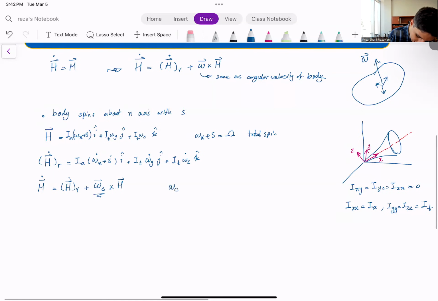So omega c is just omega x i plus omega y j plus omega z k, the angular velocity of the frame, as it just tracks how the orientation of the body, the axis of rotation, is changing.